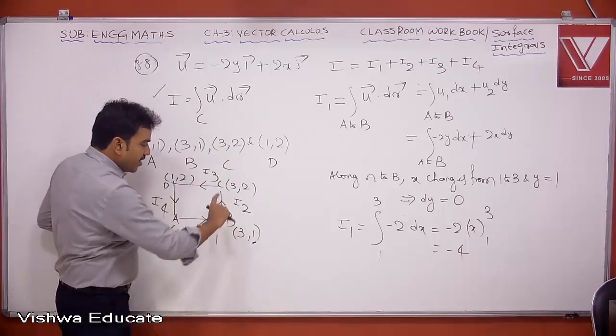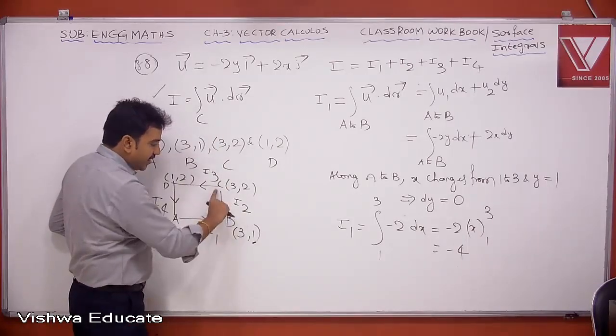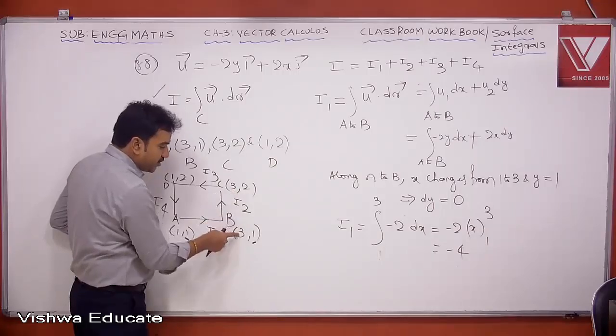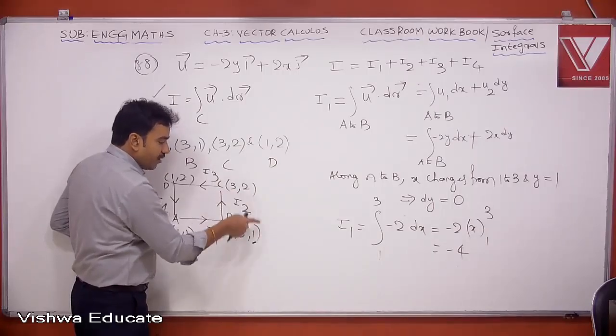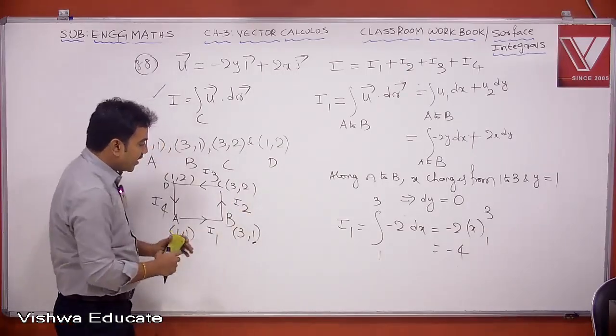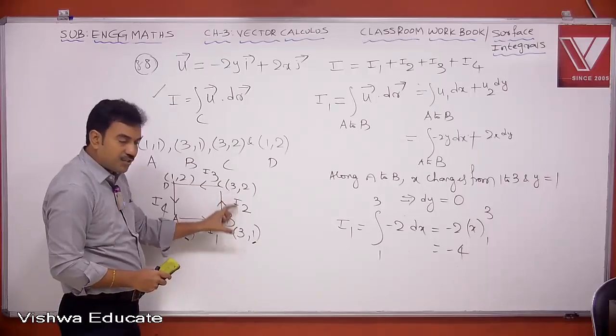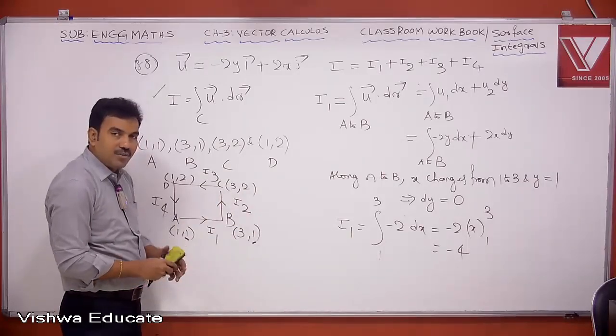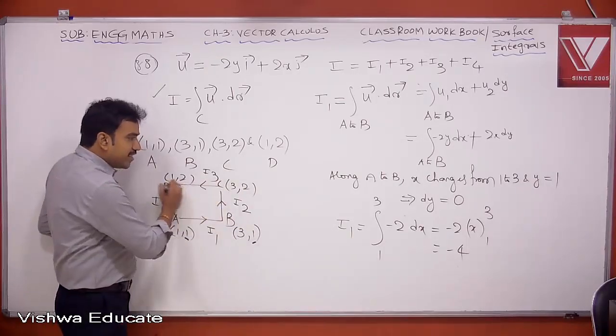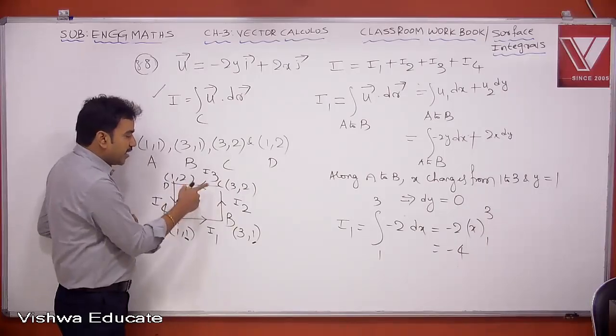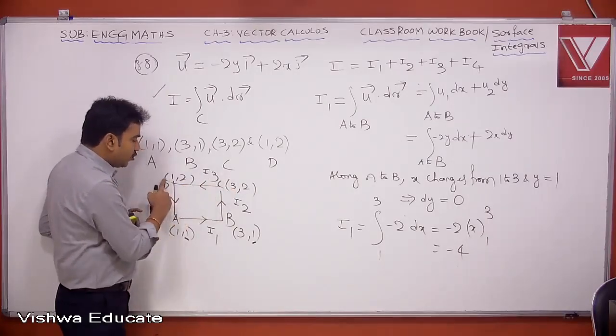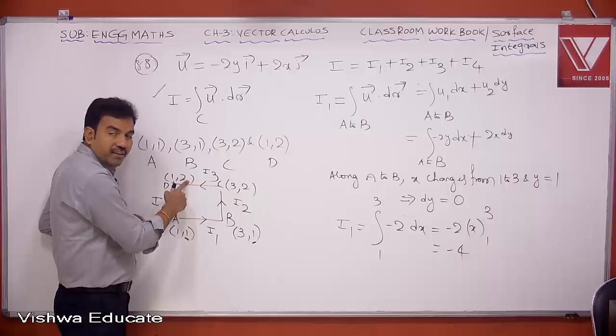Similarly, you can find like this. In the direction BC, x value is 3, but y value is ranging from 1 to 2. So in that case, x is 3 means dx is 0, but y changes from 1 to 2. Similarly, when you go in this direction, x is ranging from 3 to 1, but y value is 2, fixed.